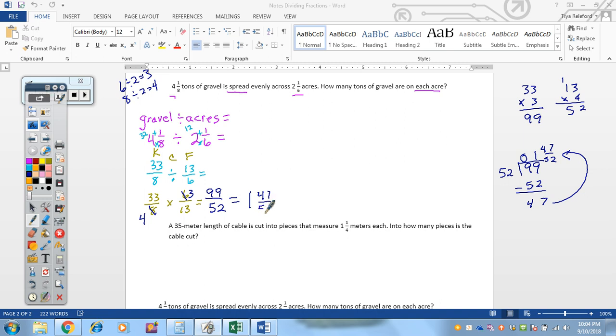Not a very pretty fraction, is it? Okay, for our answer, how many tons of gravel are in each acre? 1 47/52 tons of gravel are on each acre.